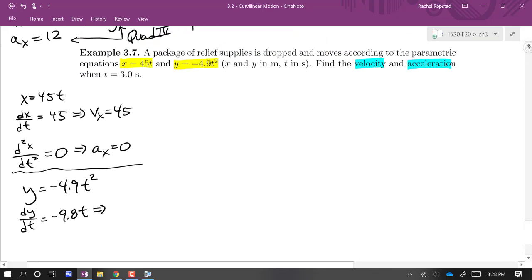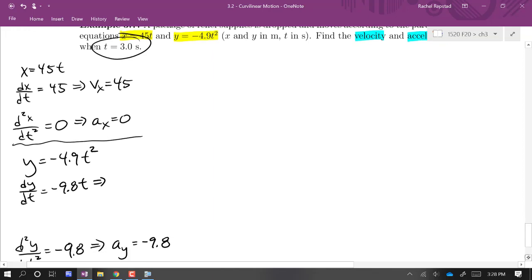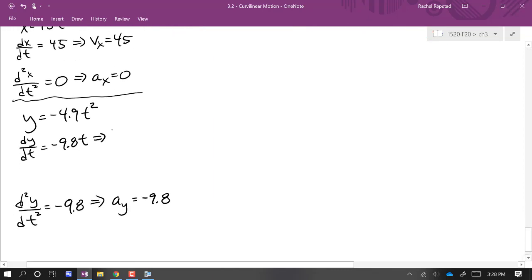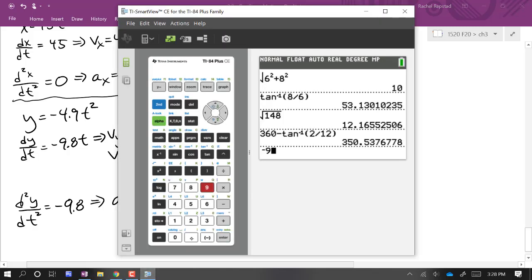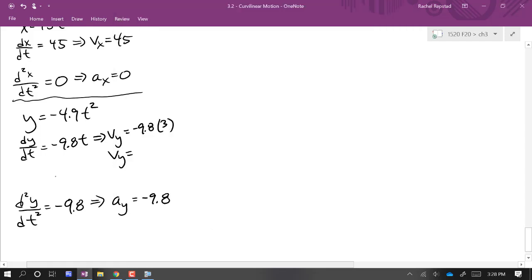We are interested in velocity and acceleration when t is 3 seconds, so I'm going to evaluate that when t is 3. So I get negative 29.4.